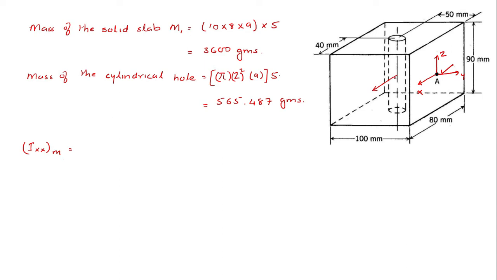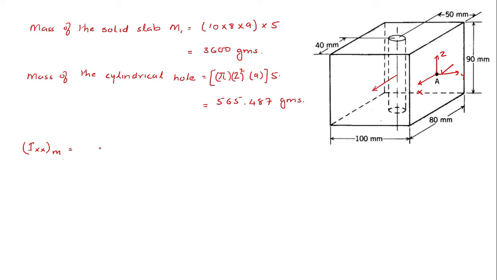And then I can use the parallel axis theorem to obtain the moment of inertia with respect to this axis here, since this axis will be parallel to this. So what is the moment of inertia of this block with respect to this axis?